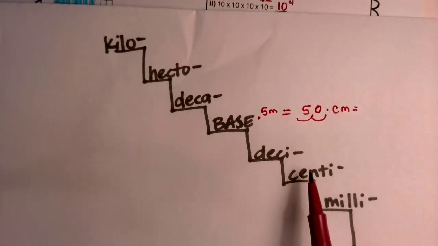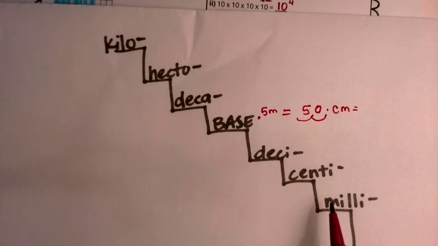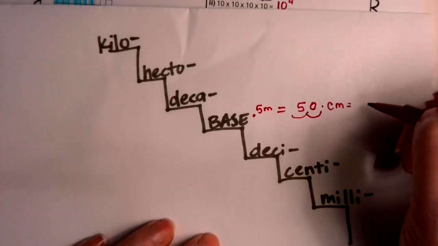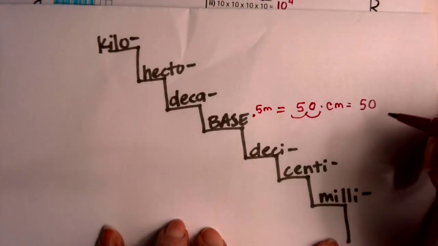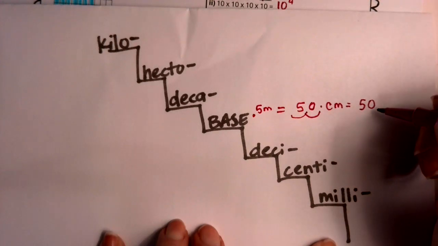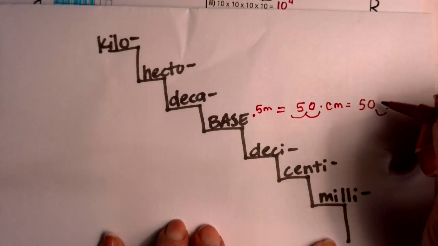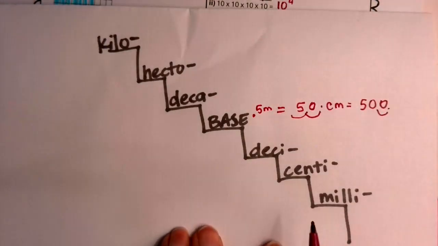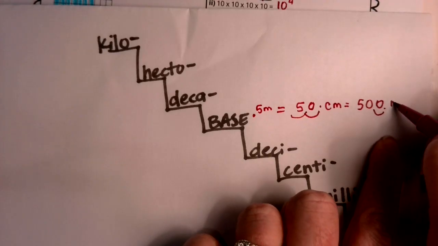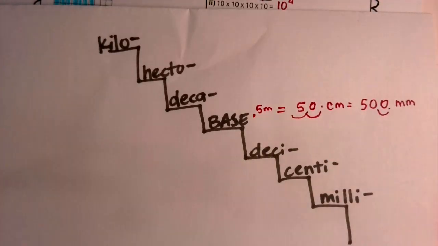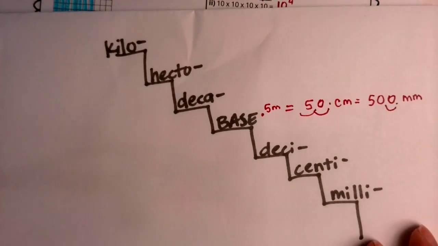But I now need to take that down one more stair to get to millimeter. We have learned that when we take that number, such as the 50 centimeters, and now move my decimal one time to the right, that is like multiplying it by another 10 when I go down a stair. That gets me to millimeter, which is the answer to that first question.